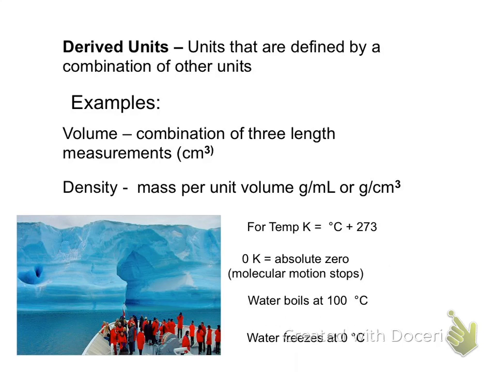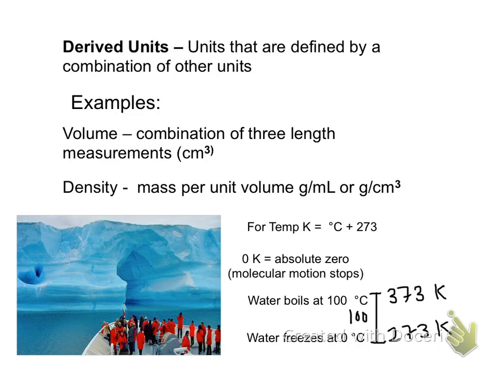And just so you guys know some helpful information here, water is going to boil at 100 degrees Celsius, so that would be 373 degrees Kelvin, again, no degree sign, and water freezes at 0 degrees Celsius, which would be 273 Kelvin. Now what's nifty about these is if you look at how far apart they are from one to the other, they're both separated by 100.